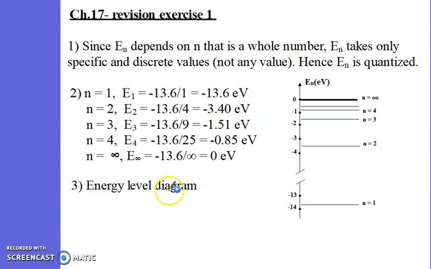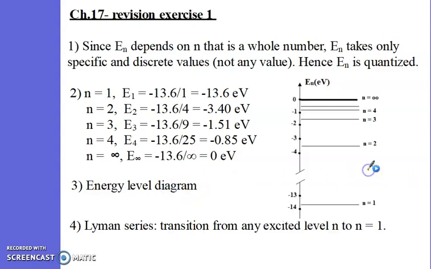So here in part 4, the Lyman series, as he defined it and as we know, is the transition from any excited level to n equal to 1. So in Lyman, we must have a jump from n equal 2 to n equal 1, 3 to 1, 4 to 1, etc. up to infinity. We need the smallest wavelength and the biggest wavelength.